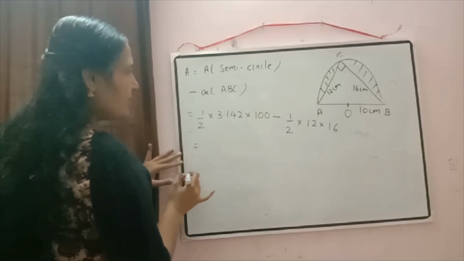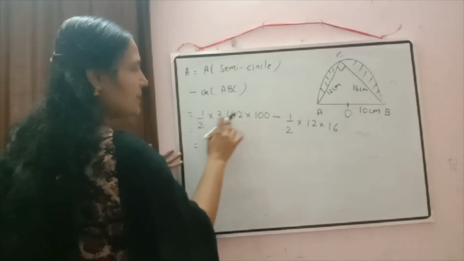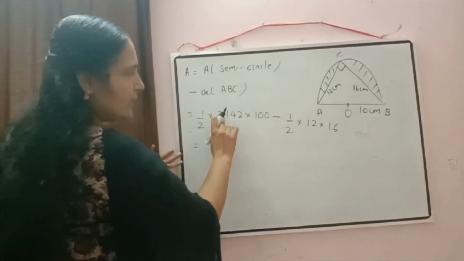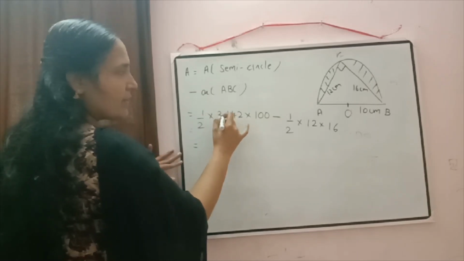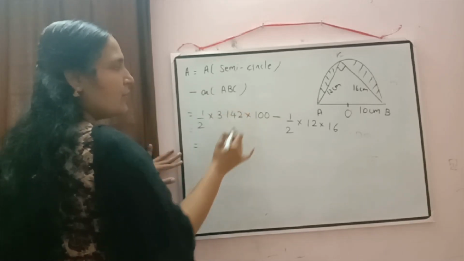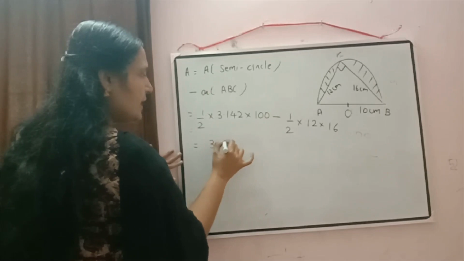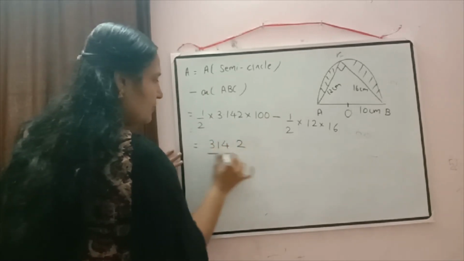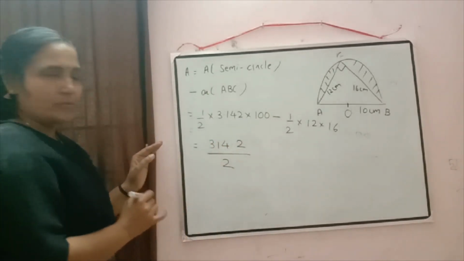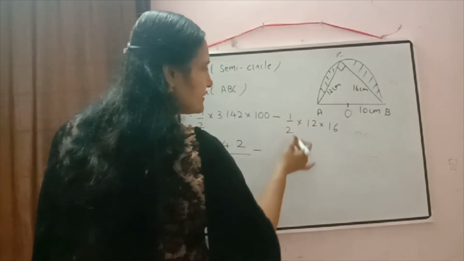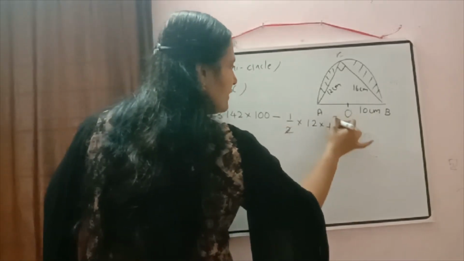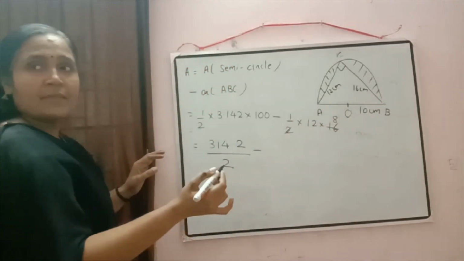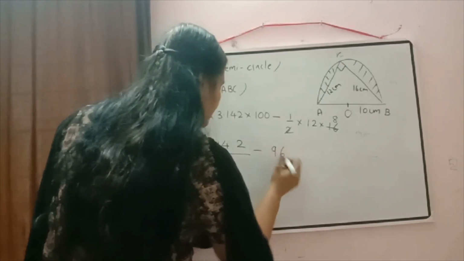Now just to check if anything will get cancelled, first we can multiply these two. The decimal sign will move to the right by 2 digits. So we will get 314.2 divided by 2, minus, here we can cancel: 2 8s are 16, 12 8s are 96.